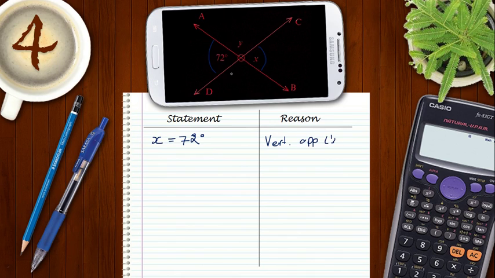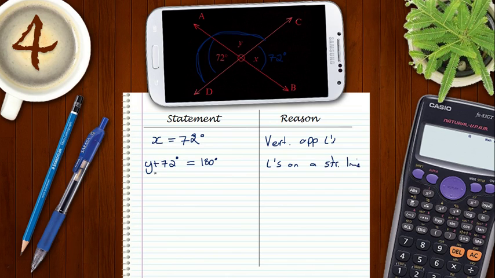And then onto y. Now that we know that this is also 72 degrees, for y we can see that this actually also lies on a straight line over here. So we know that y plus 72 will then equal 180, since they lie on a straight line. Reason: angles on a straight line.